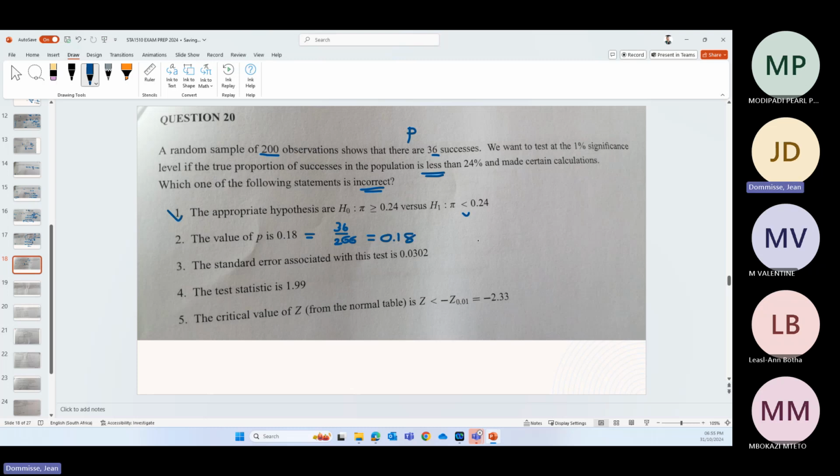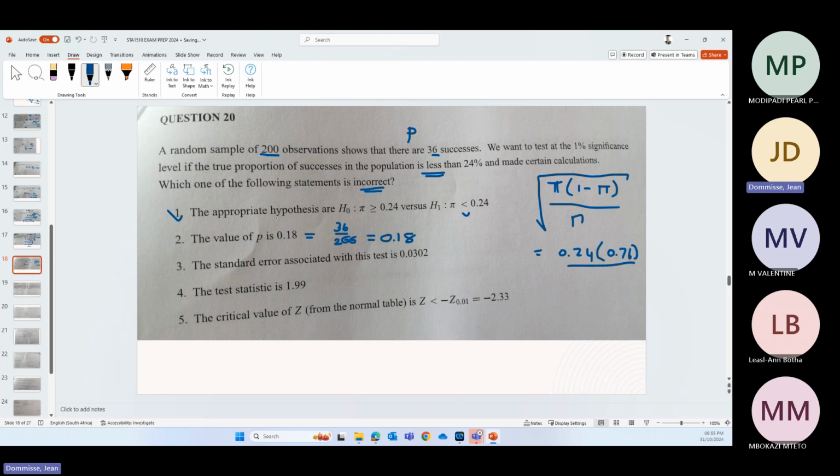Standard error of this test. So standard error is, remember, if we look at proportion, so that will be our standard error. So that is 0.24. 1 minus 0.24 is 0.76.